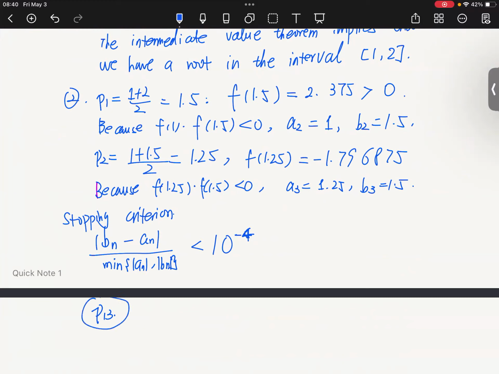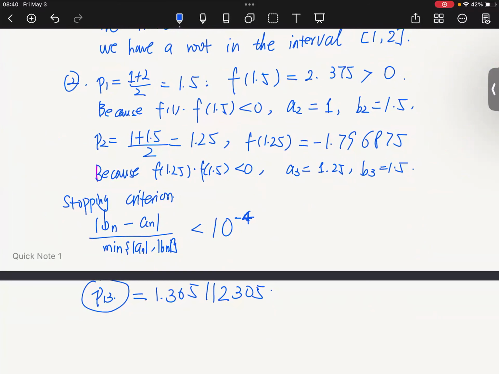And then P13 equals 1.365112305 here. So why does this stopping criterion look like this? You can have other stopping criteria, but why does this stopping criterion indicate that the error of the solution is less than this number?